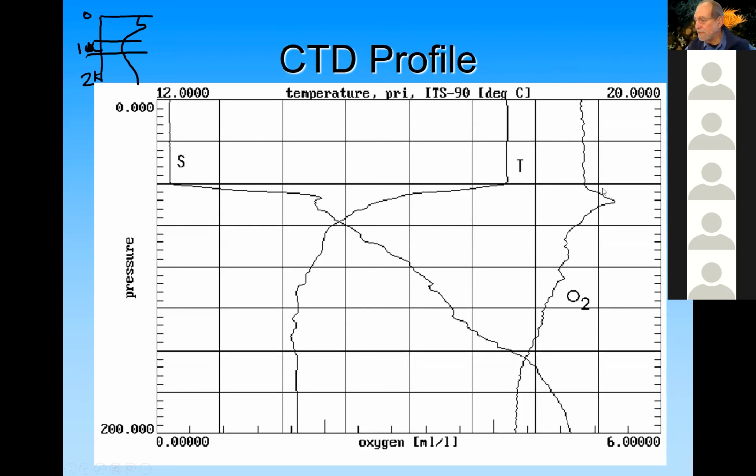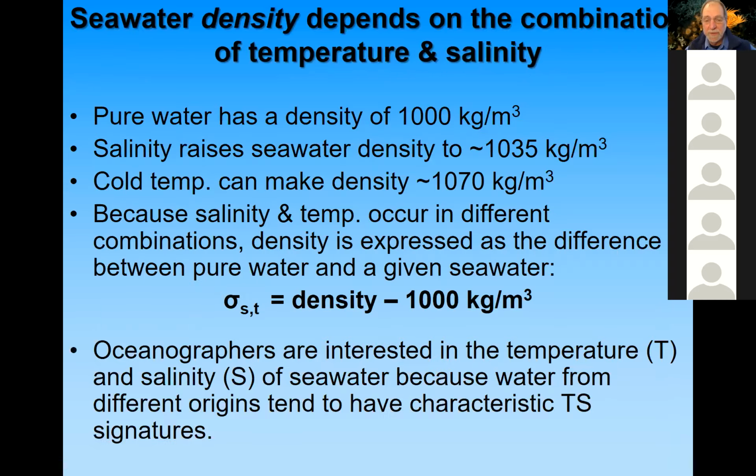Okay, so that's a water column profile. And then let's go back and think a little bit about what these numbers mean. The density of seawater, as we've said again and again now, depends on a combination of temperature and salinity.